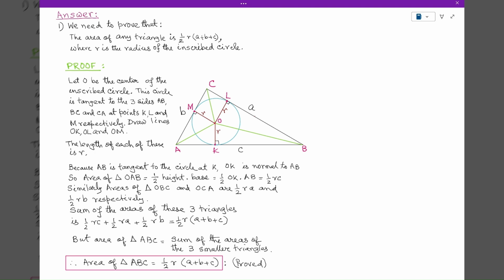So this area is half r into c. Similarly, areas of OBC and OCA, that is these two triangles, will be half r into a and half r into b.